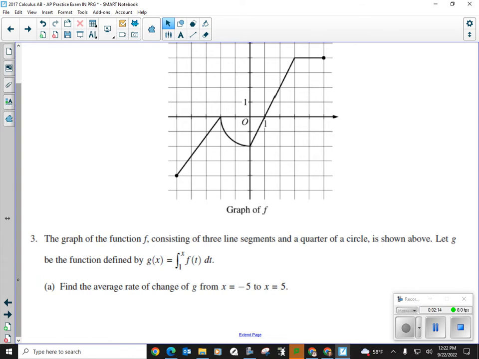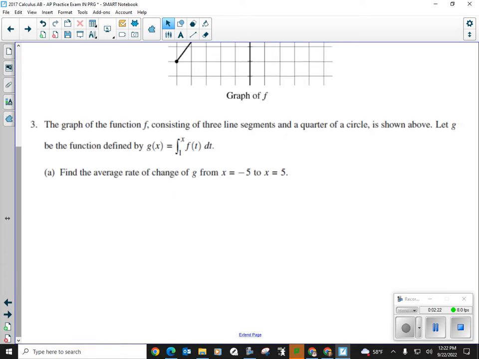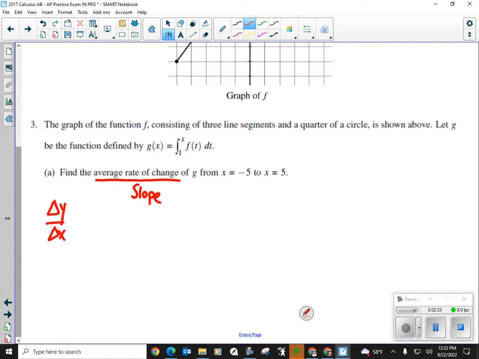A says, find the average rate of change of g from x equals negative 5 to x equals positive 5. First of all, average rate of change just means slope. We're really doing change in y over change in x. That's y2 minus y1 over x2 minus x1.